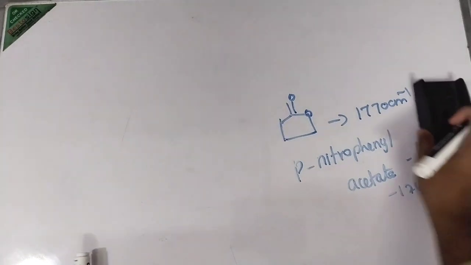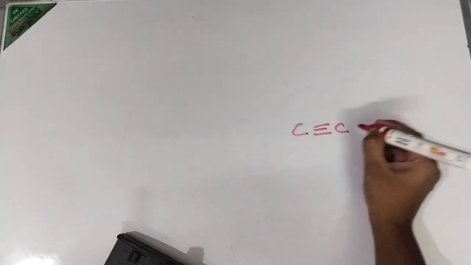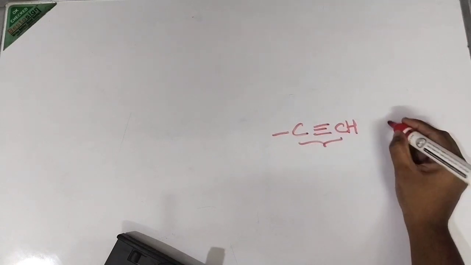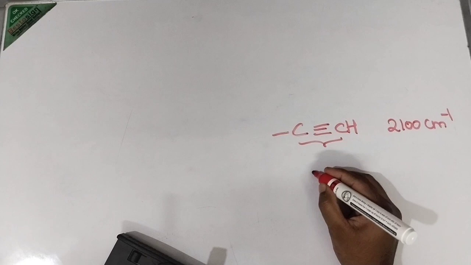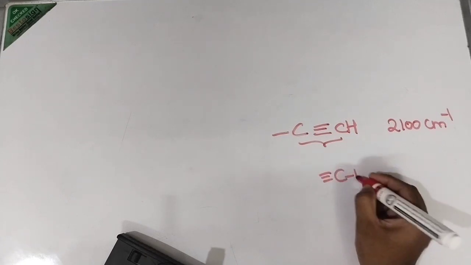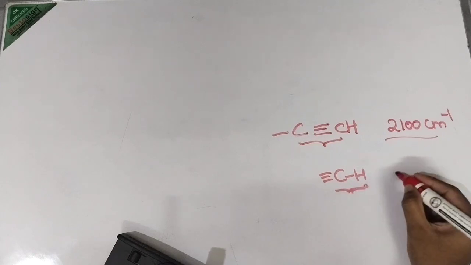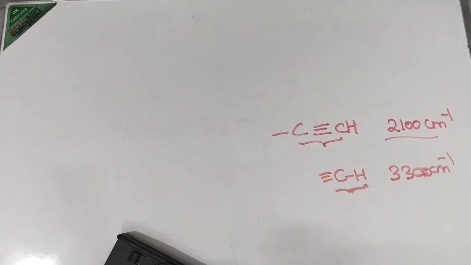Then a very important thing is the C triple bond, okay? C triple bond CH. See, the triple bond C will have a value of 2100 centimeter inverse, whereas the carbon hydrogen will be 3300 centimeter inverse, okay?